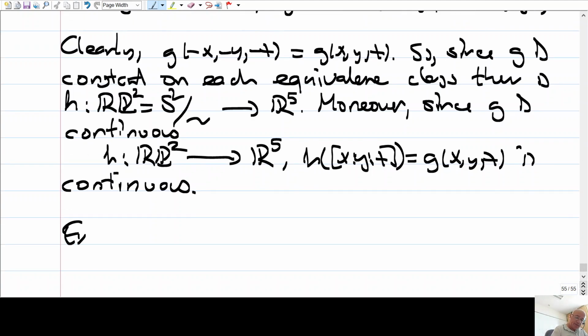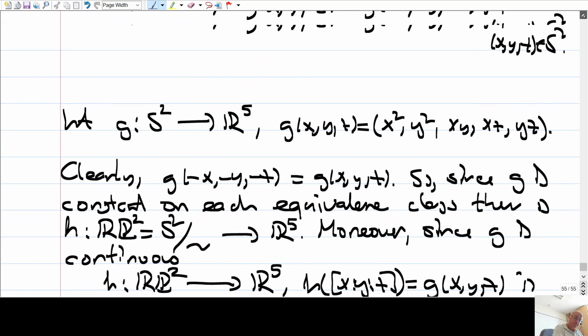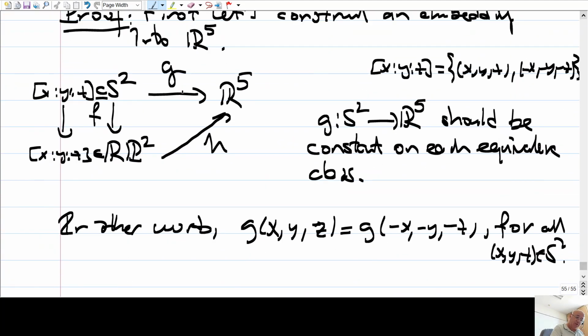I will leave it as an exercise that H is 1-to-1. This is easy to check, okay? H is a 1-to-1 map. G is not 1-to-1. G is 2-to-1. It sends 2 points to 1 point, right?